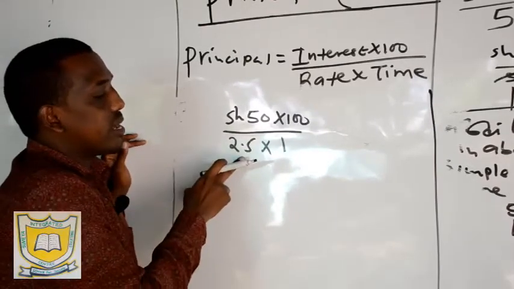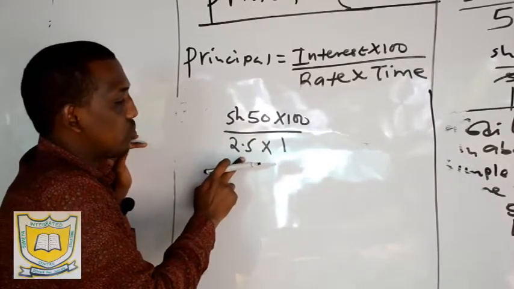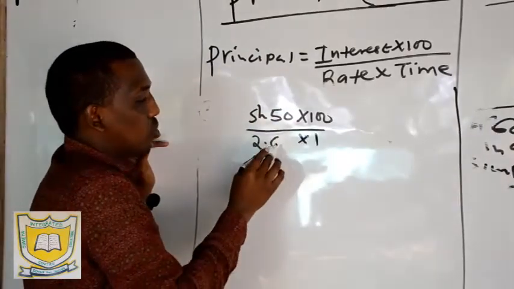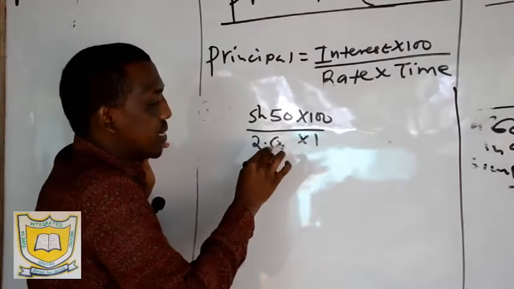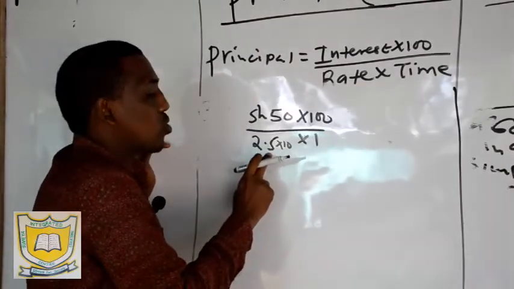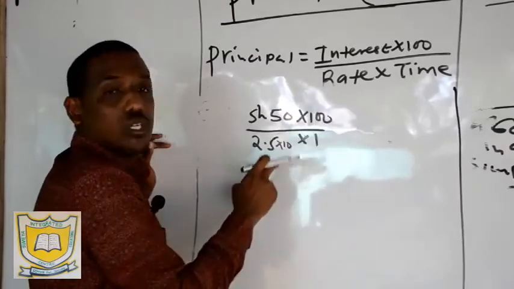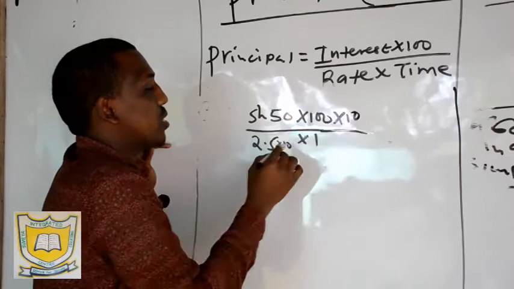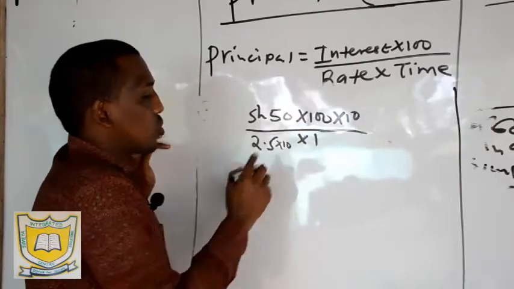I said earlier, if the denominator has a decimal, we remove the decimal point by multiplying by 10. If there are 2 numbers after the decimal, you multiply by 100. If there are 3 numbers, you multiply by 1,000, on both sides. Now, with 1 number, we multiply by 10 on both sides.